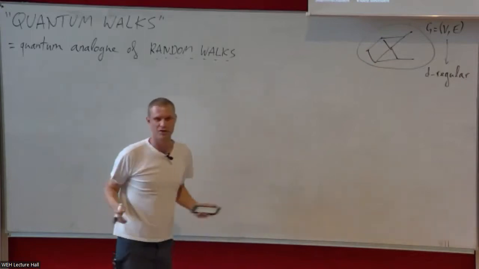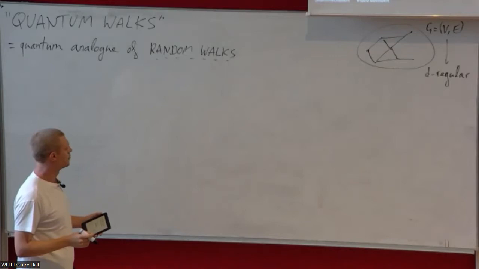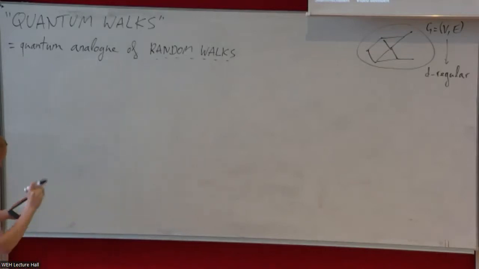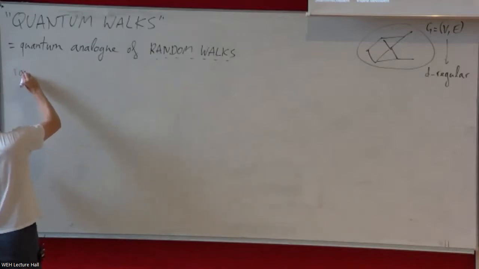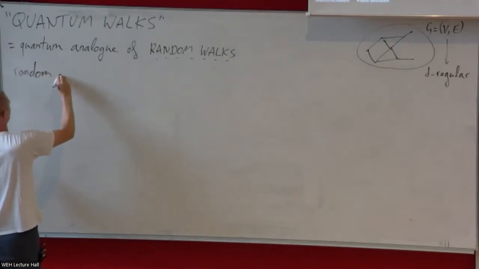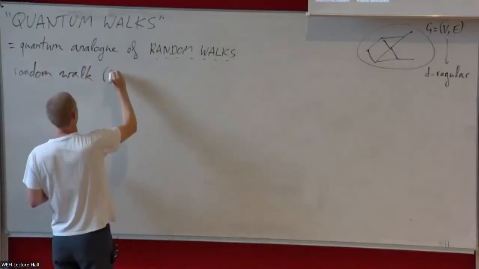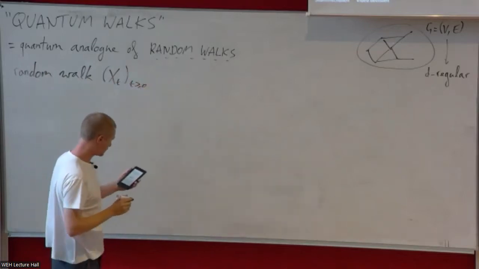So let's say 5 neighbors or more than that. And that's going to make things a bit easier. Because what I'm introducing next, this random walk, we'll think about it as a Markov chain or a random process, which I'll denote X_t for t greater than or equal to 0.